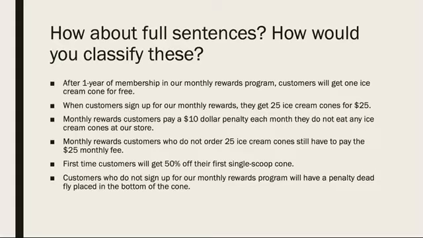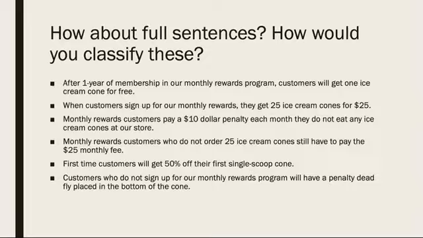So the free ice cream cone in the first one, the $25 for 25 ice cream cones, and then we have customers who get 50% off. Those are all like actual rewards, right? Those are benefits.